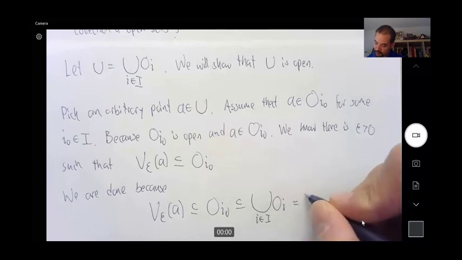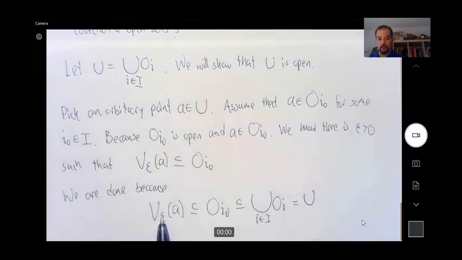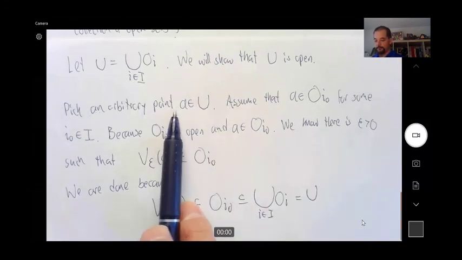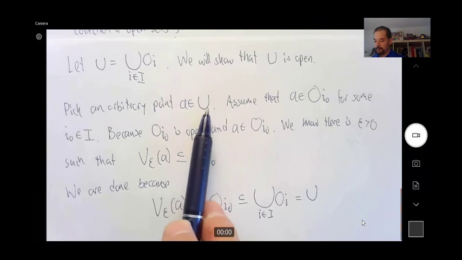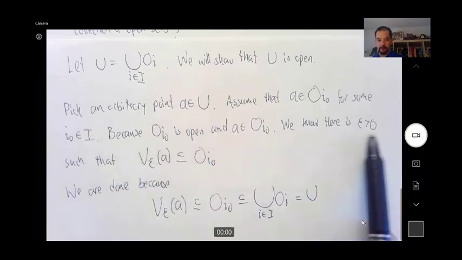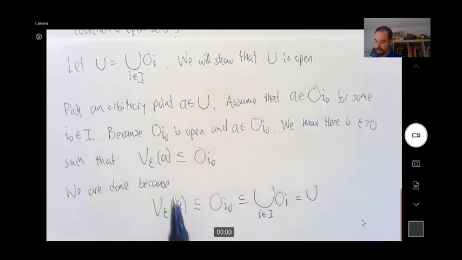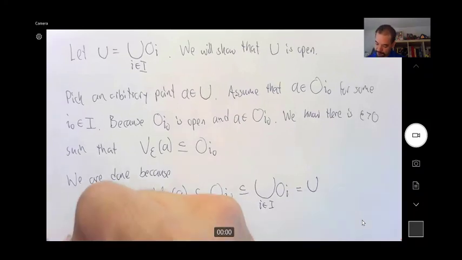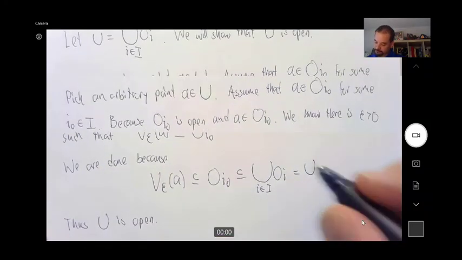And that's U. So what is it that we did? Let's recap. We picked an arbitrary point in U, and for that arbitrary point, we show there is an epsilon such that its neighborhood is inside the set U. That's precisely the definition of being open. So U is open.